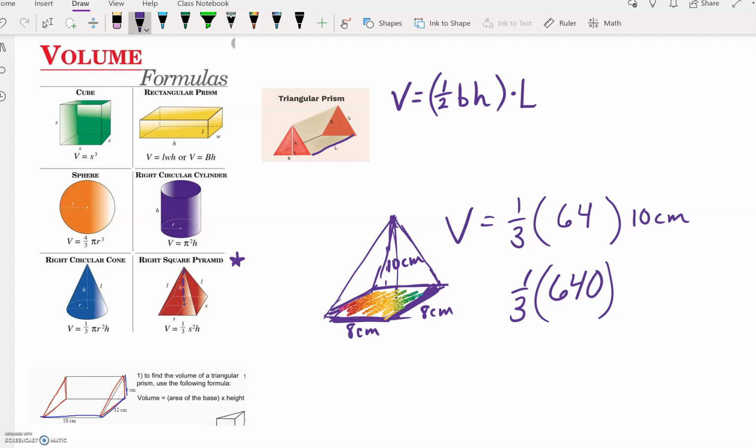So I'm going to grab my calculator and divide that by 3. For this particular problem, we get a volume equal to 213.3 repeating, so 213 and 1/3. And volume we label as centimeters cubed. Okay, so there's one example.